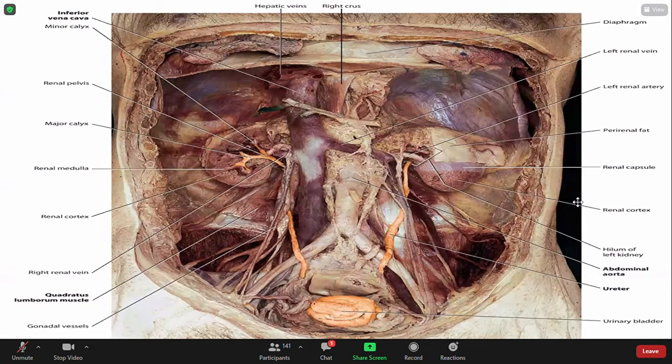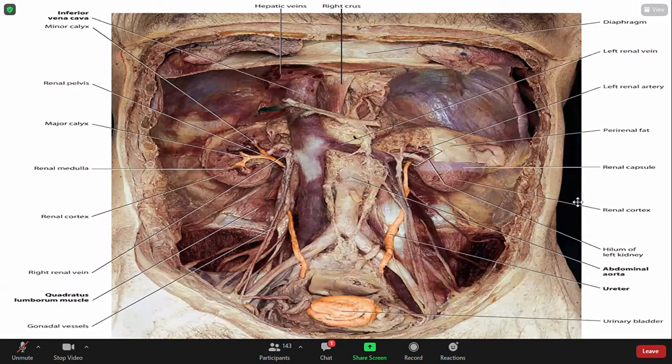And which is the narrowest? The narrowest is the uretero-vesical junction. That's why if there's a stone, for example, in the kidney that fell down, these are very important to note. Stones could lodge there when they fall off from the kidney.